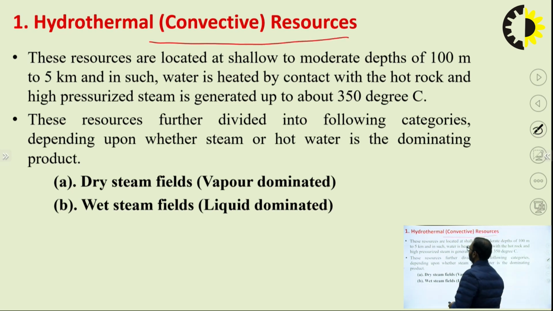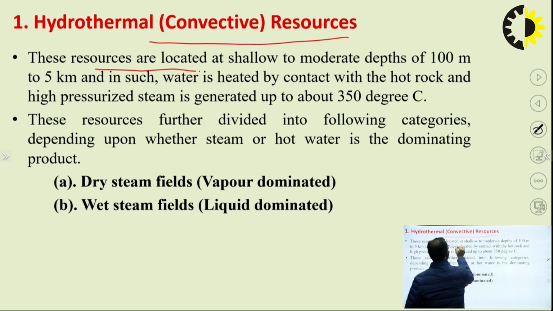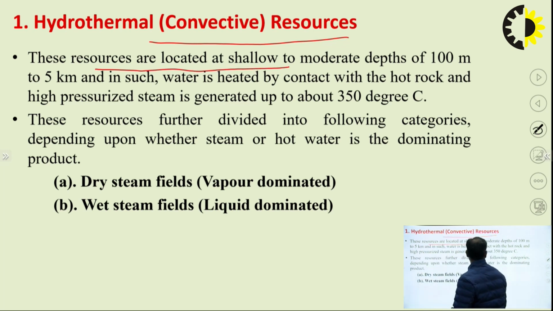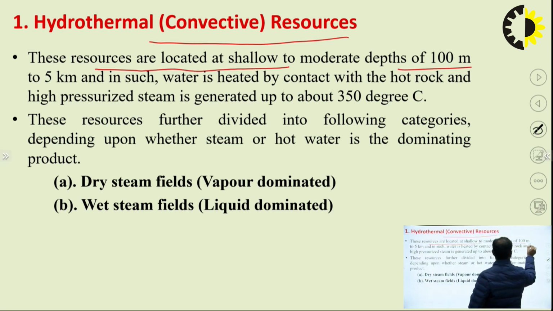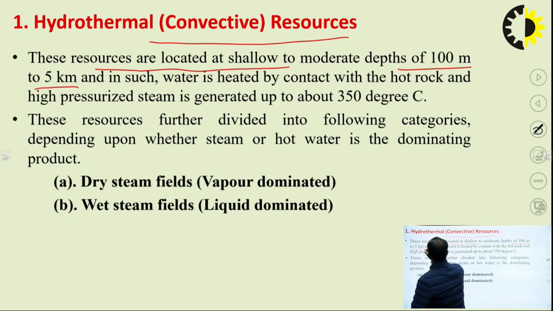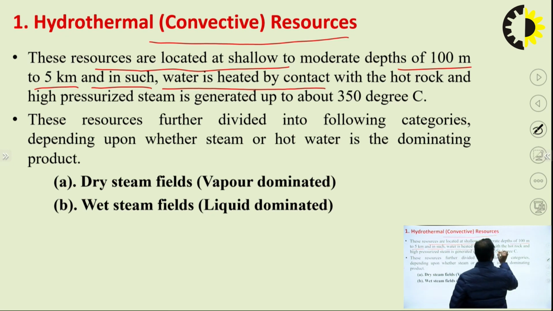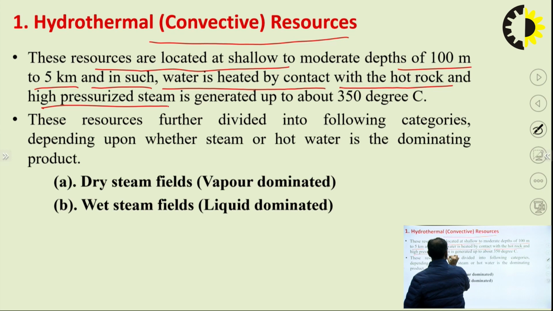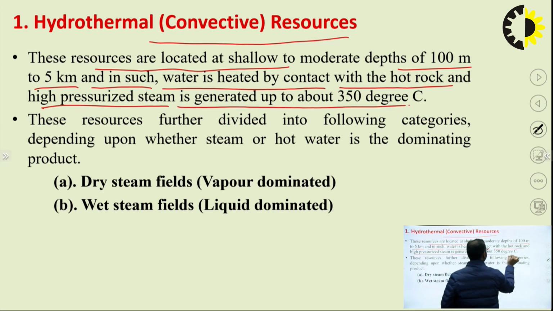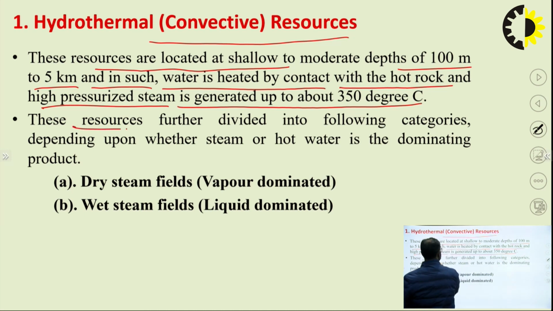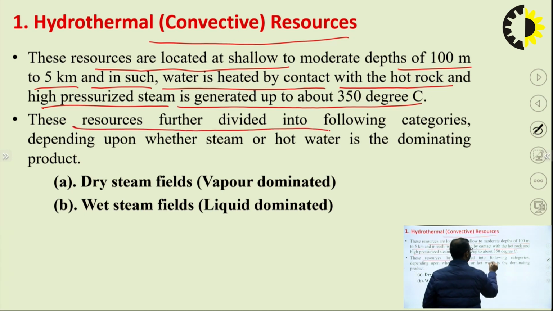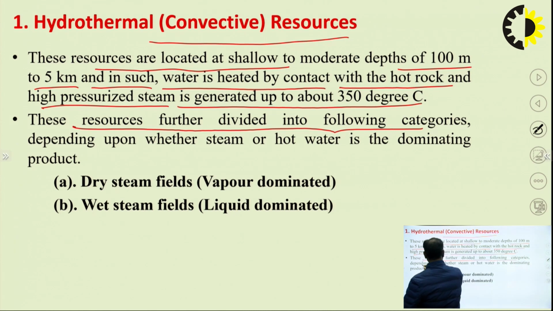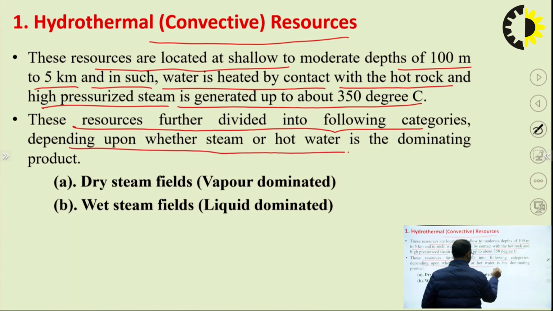Basically, these types of resources are located at shallow to moderate depths of 100 meters to 5 kilometers, where water is heated by contact with the hot rock and high pressure steam is generated up to about 350 degrees Celsius.